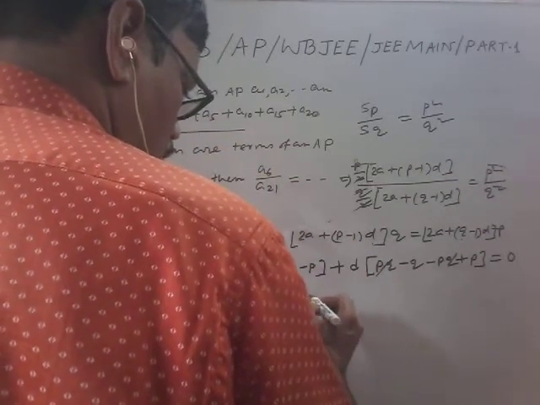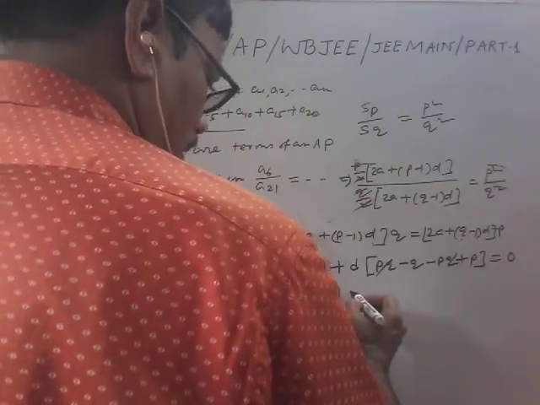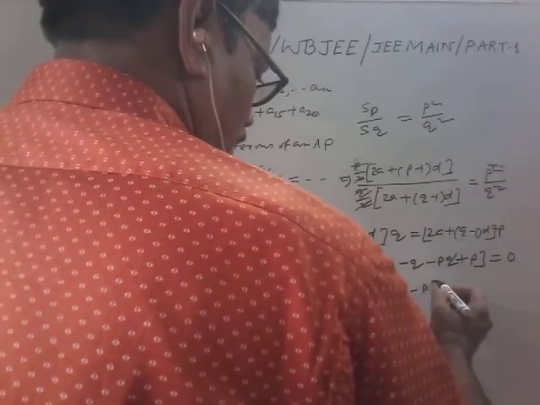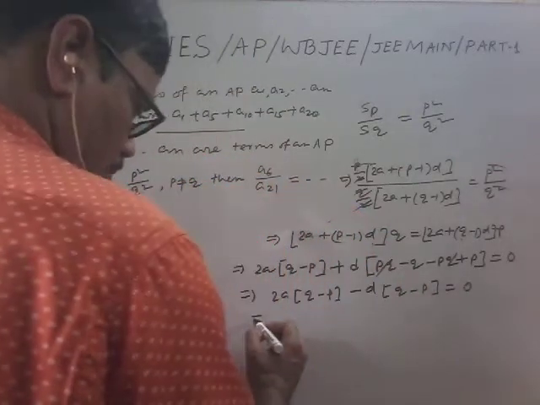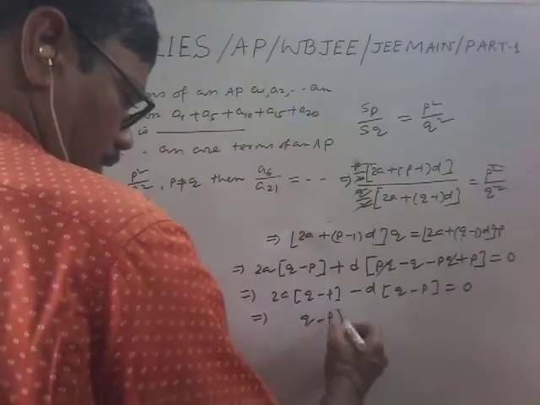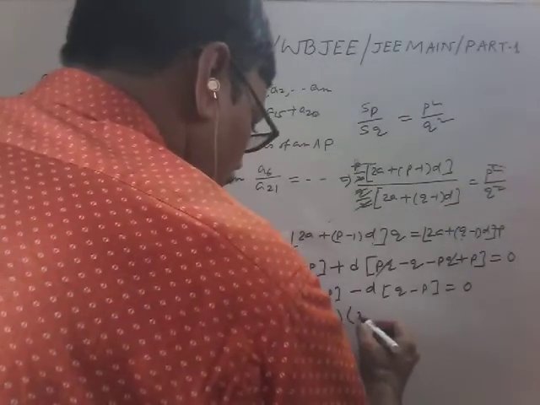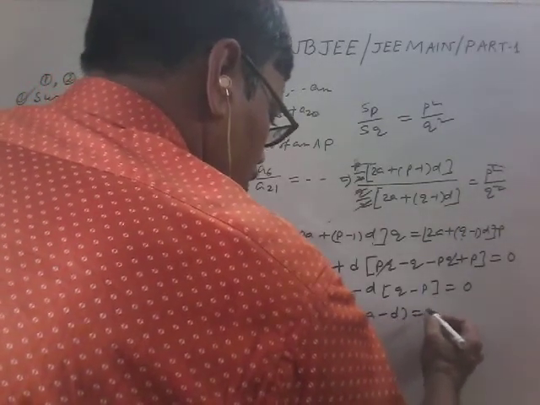So 2a into Q minus P, and this is minus D common, Q minus P equals 0. So Q minus P into 2a minus D equals 0.